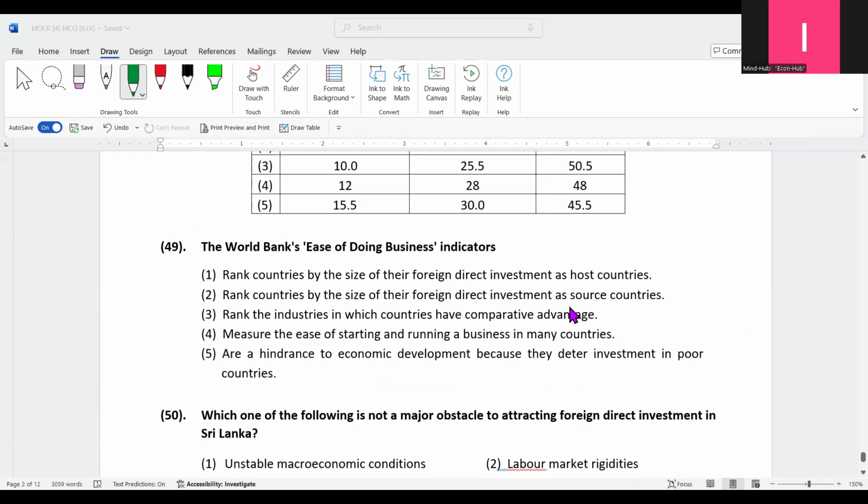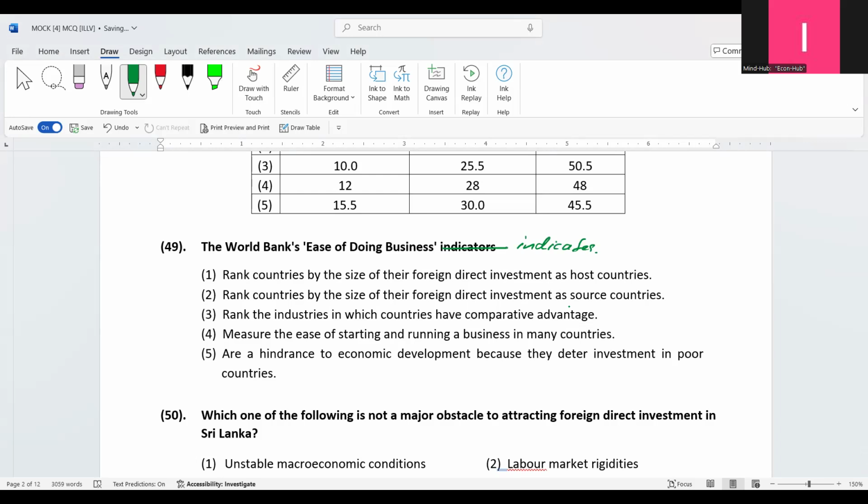49. The World Bank's ease of doing business indicators. What does it indicate?